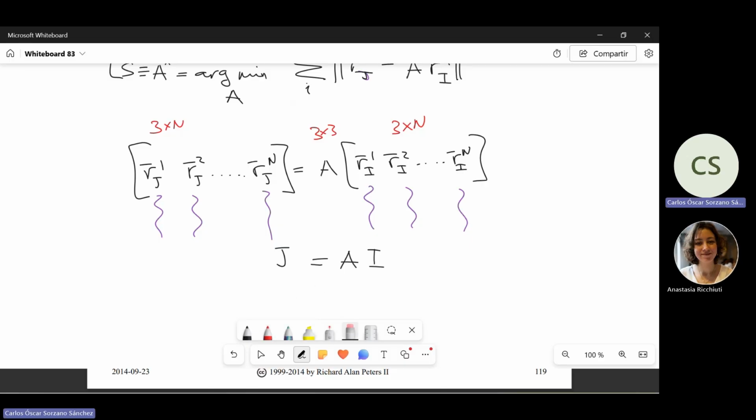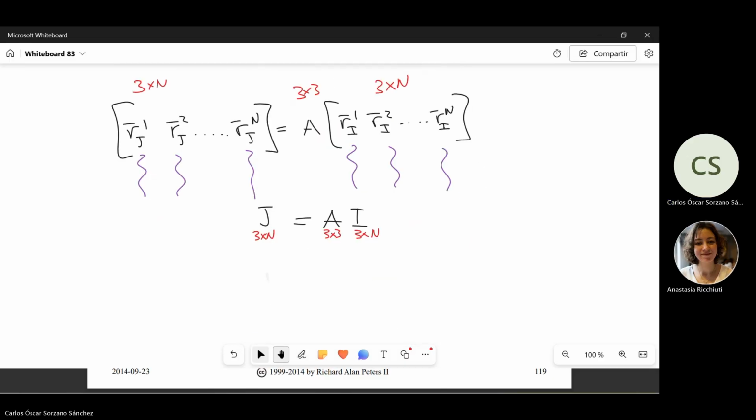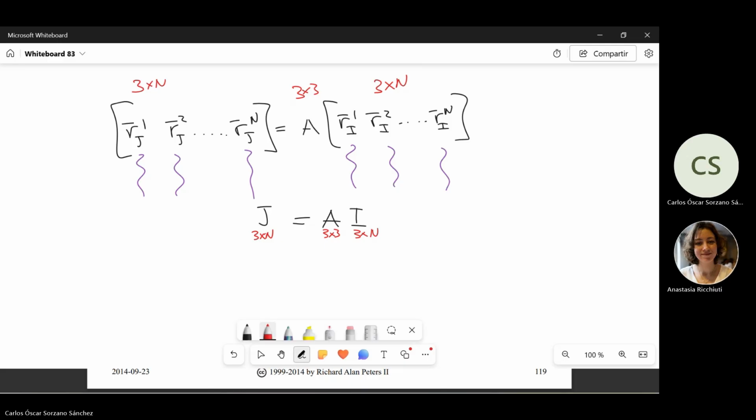Let's put the sizes again. So this is 3 times n, 3 times n. This is 3 times 3, this is 3 times n again. So I will do something. I will multiply on the right by I transpose. J I transpose. Okay, so let's put sizes again.